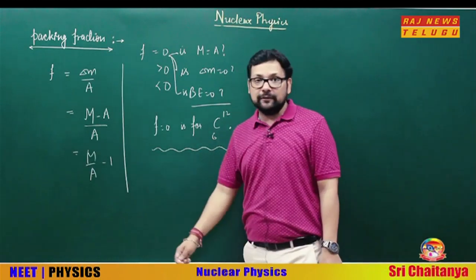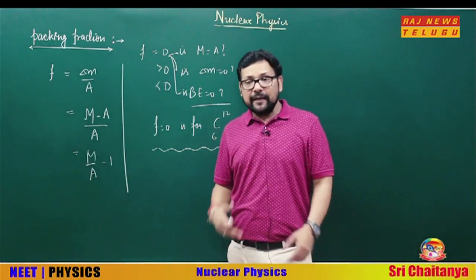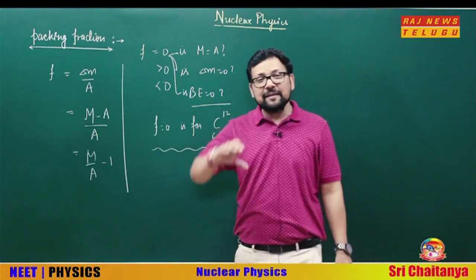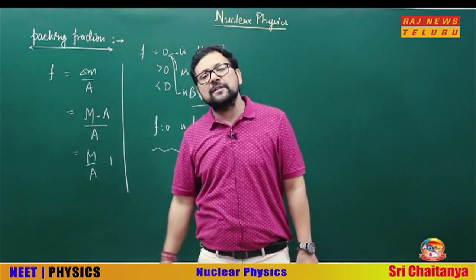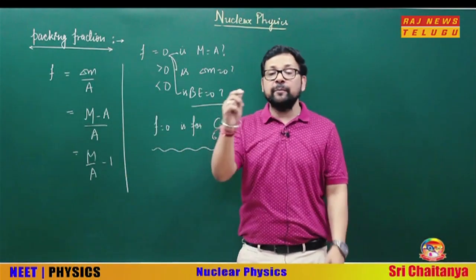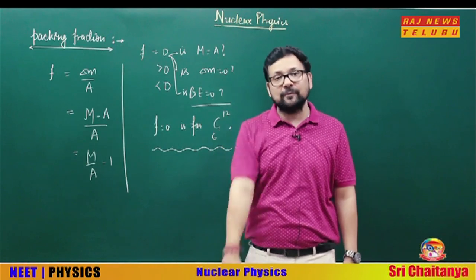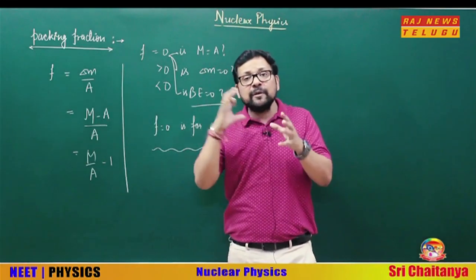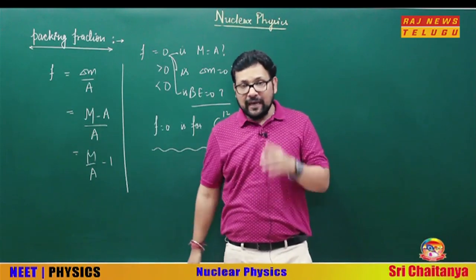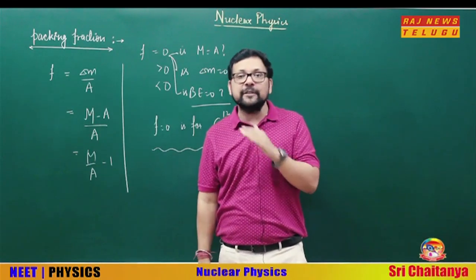This is for carbon, carbon 12-6. And if the packing fraction is positive, it means it is a bit less stable in comparison to the carbon. If packing fraction is negative, what does that mean? It means it is more stable than the carbon. So that entire stability is in comparison to the carbon. F0 is given for carbon, okay?